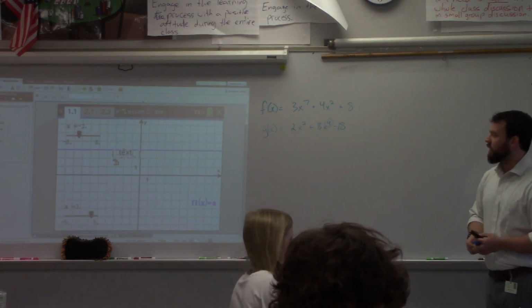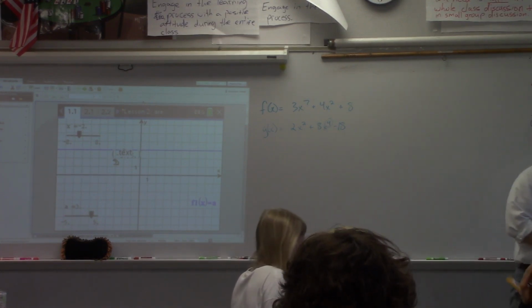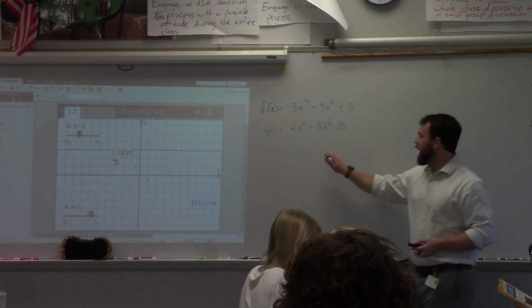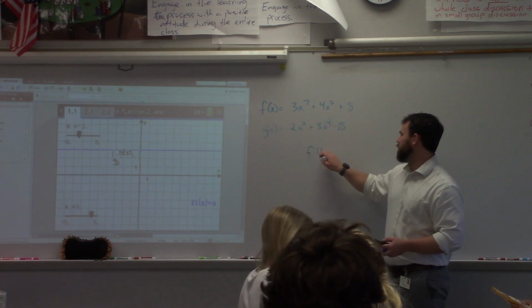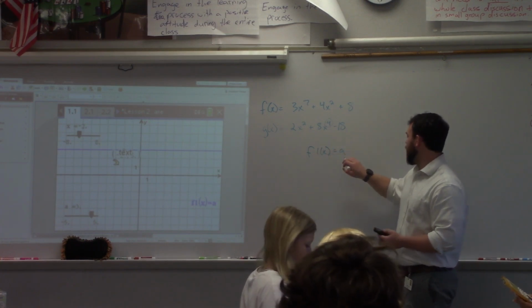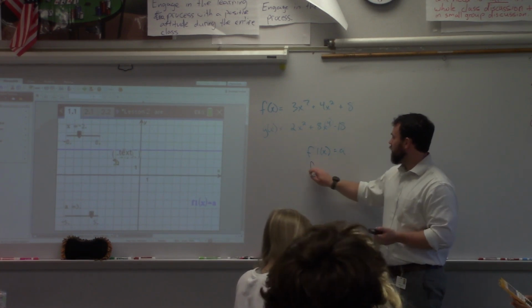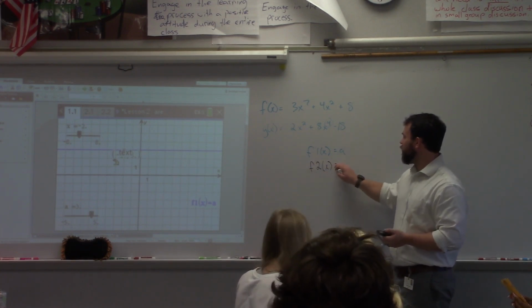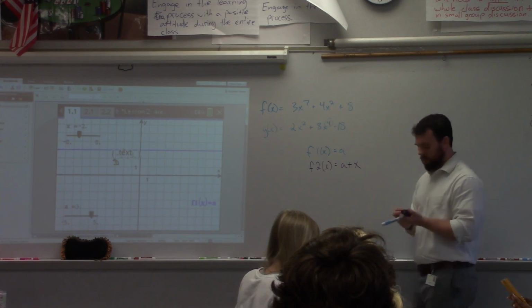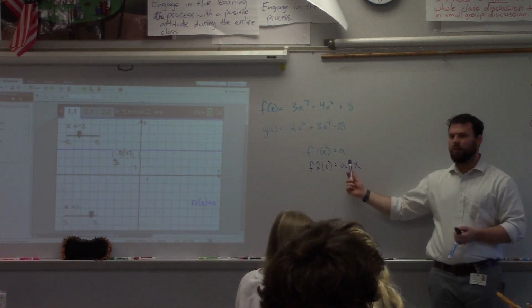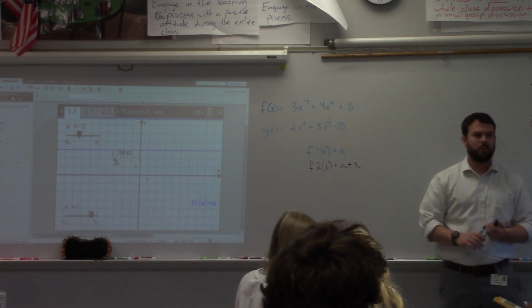What did we do to that constant function? Preston? We added x, right? So we had f1 of x is equal to a, and then from there, we created a second function where we added x to it. Does anyone remember what transformation we see when we add stuff?